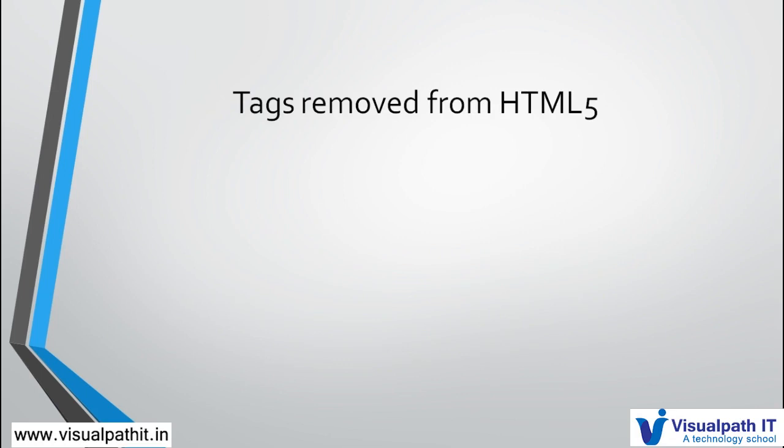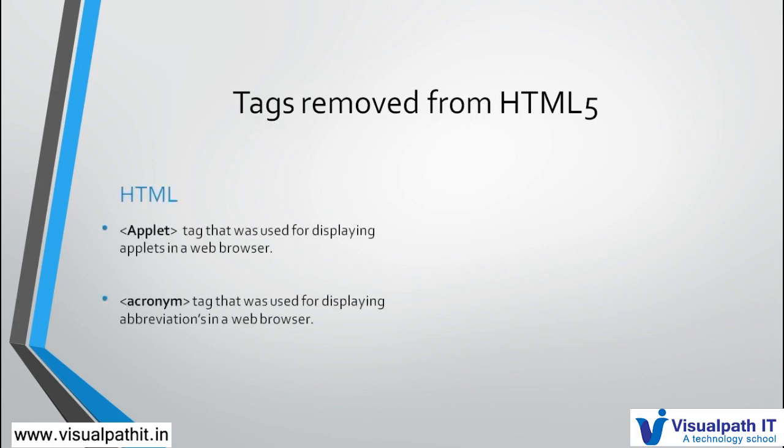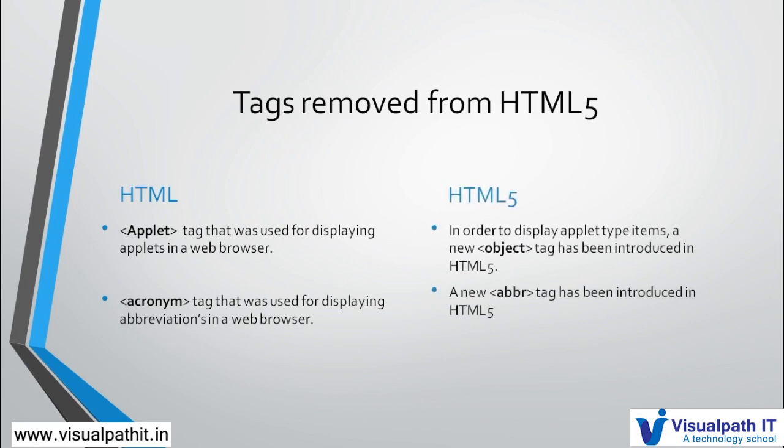Next, we'll learn about tags which are removed from HTML5. In HTML4, the applet tag was used to display applets in a web browser, but in HTML5, a new tag, the object tag, has been introduced.